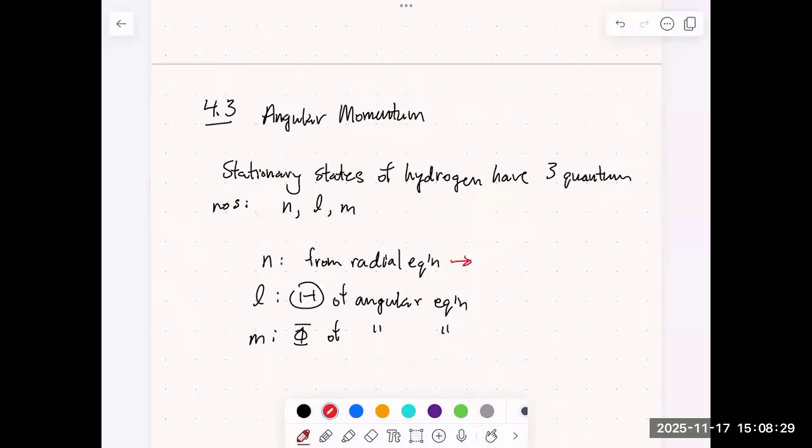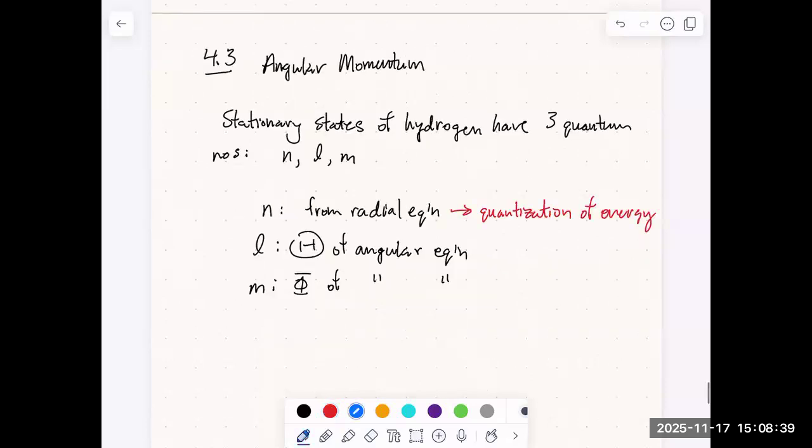This n is quantization of energy. We will show that the L is quantization of total angular momentum.